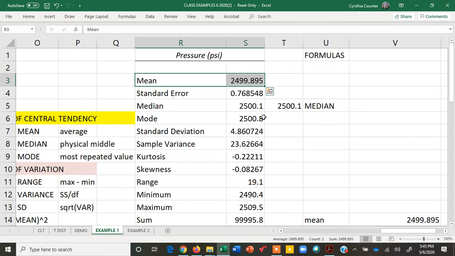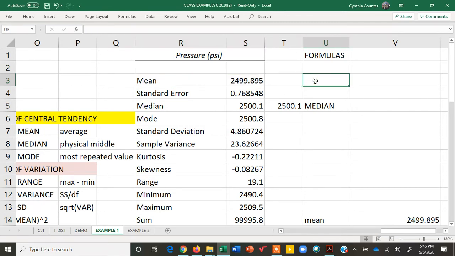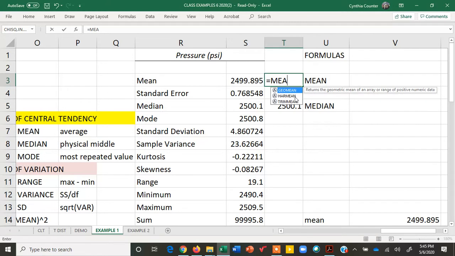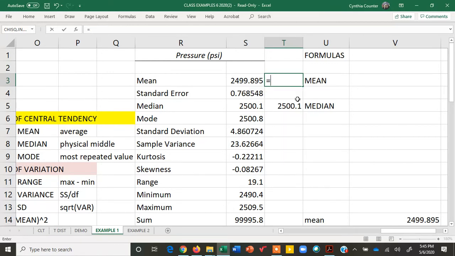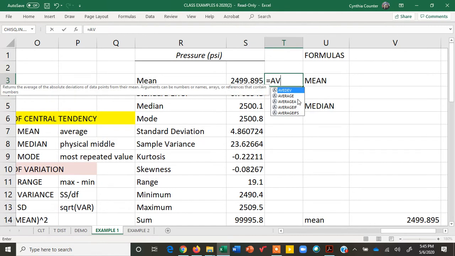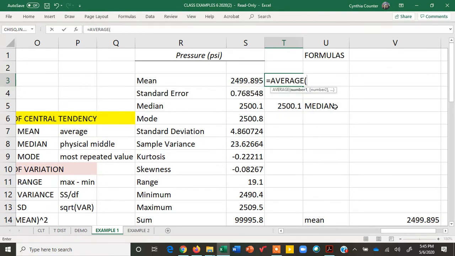Of course, if you wanted the mean by itself and you hadn't yet computed anything, you could use the formula mean. So if we go equals MEA, it's interesting, you find it's not there because it's actually listed under average.